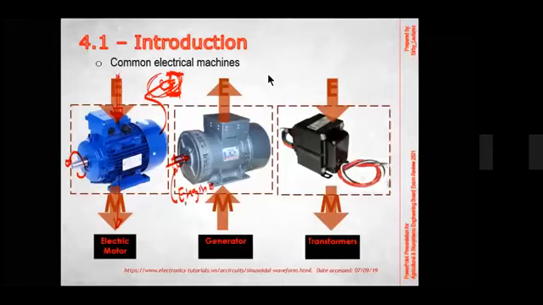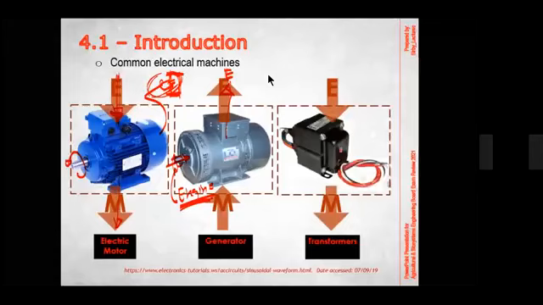Engine or other means, and because the output of the engine is a rotating shaft, if it is coupled to the shaft of this generator, then the output would be electrical energy. Okay, so that's what we call a generator.